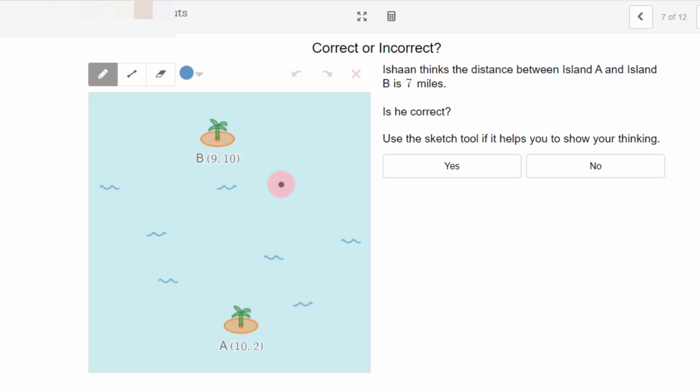This one is interesting. This one says, Ashan thinks the distance between island A and island B is 7 miles. Is he correct? If the students are struggling with this, have them do it on their piece of paper. If they need more than one piece of paper, you might want to consider putting it inside a sleeve protector or a page protector and having them work on it with a dry erase marker, right?